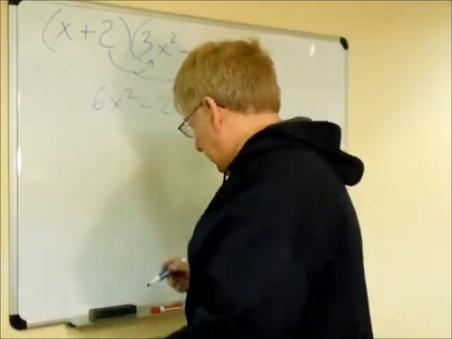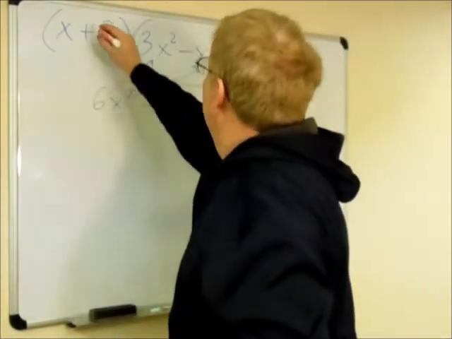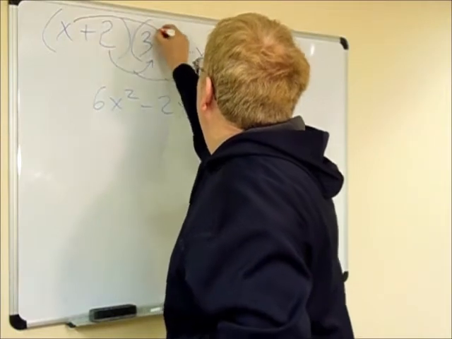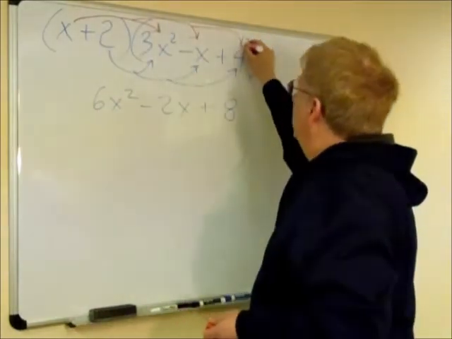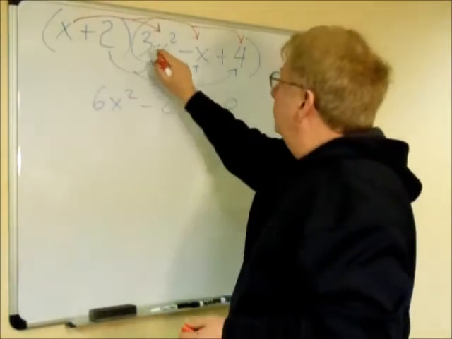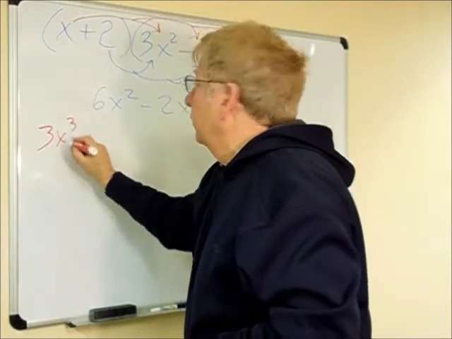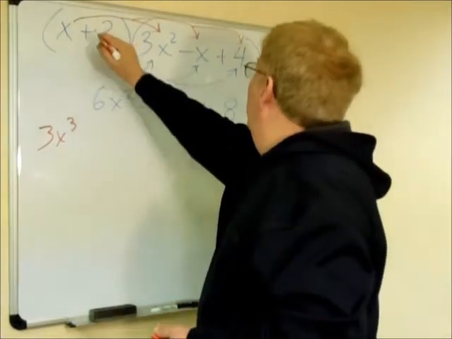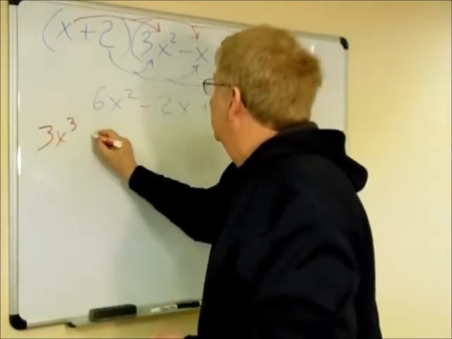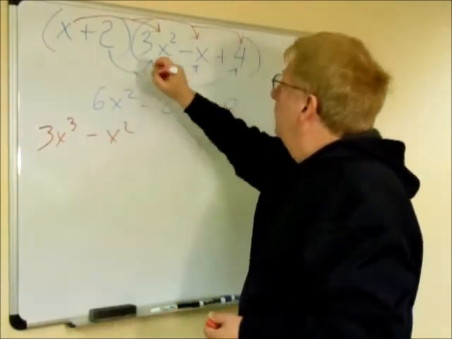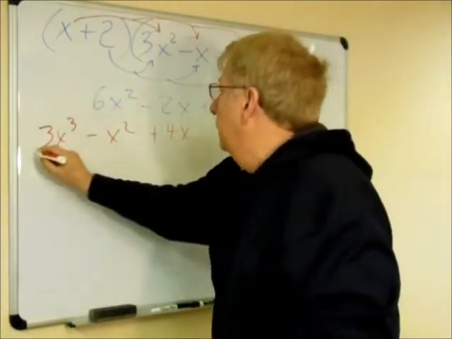Now we're going to distribute this. I'll use a different color because it's going to get a little messy. We have x times that term, x times that term, and x times that term. So x times this is 3x cubed. Put it over here. Looks familiar, doesn't it? X times the next term is minus x squared. And x times the next term, 4x.